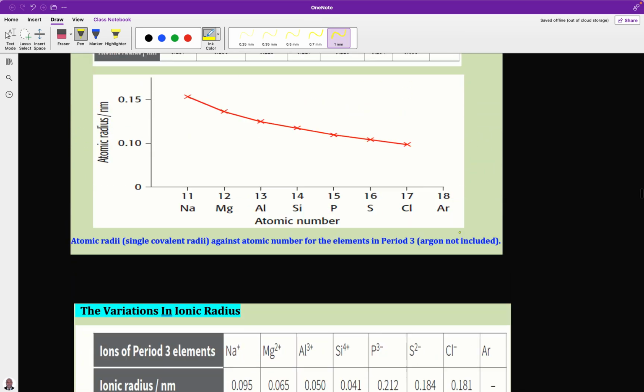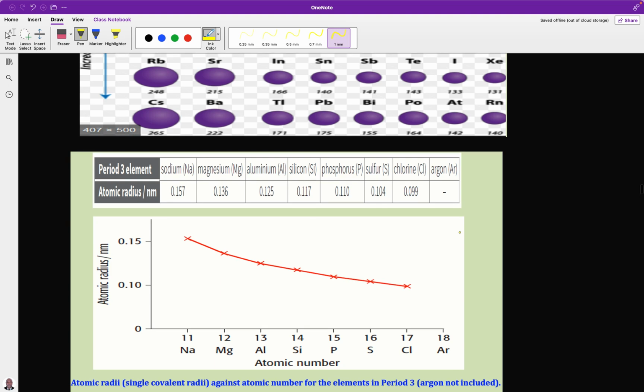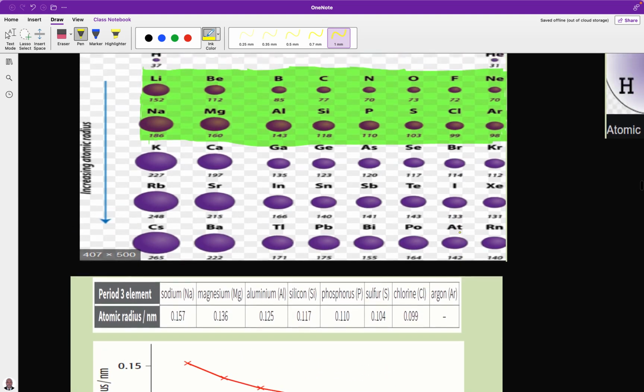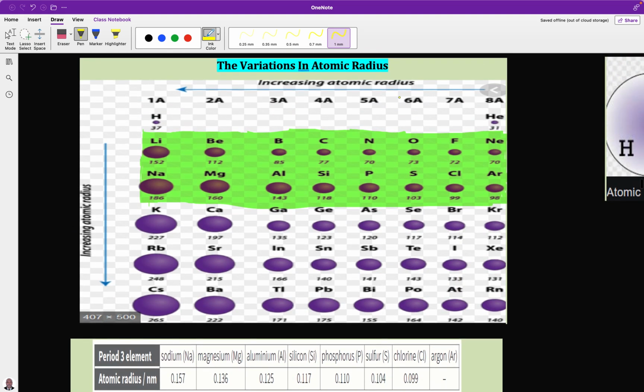And you should also recall that as you go across the period from left to right, or from metals to non-metals, for atomic radius, not ionic radius this time around, there is a consistent decrease in the atomic radius. Why is there a consistent decrease?